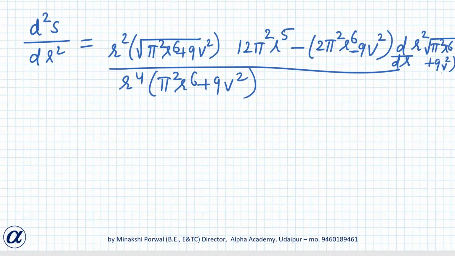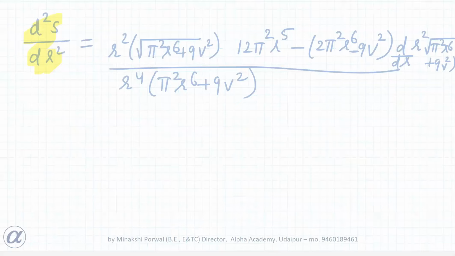Actually we are only interested in the sign of d square s by dr square, so we don't have to do the entire calculation. We have to just check the sign at this value, r to the power 6 equals 9V square upon 2 pi square.